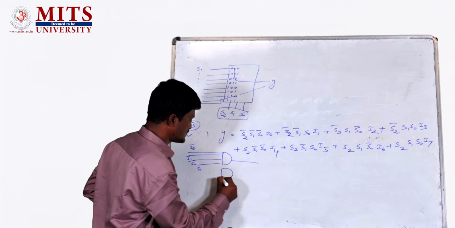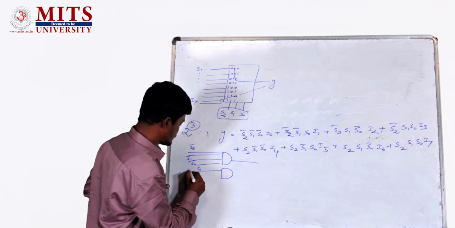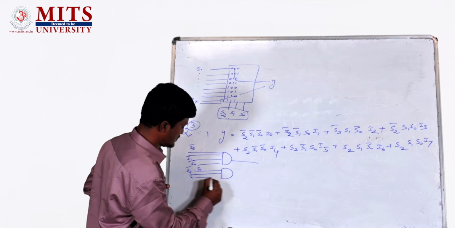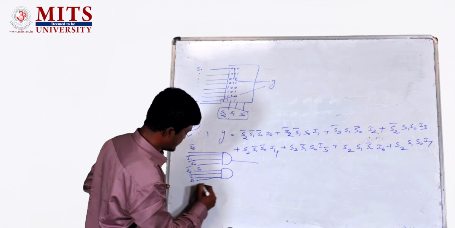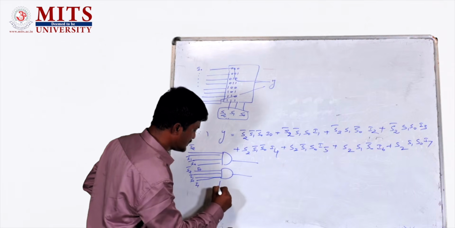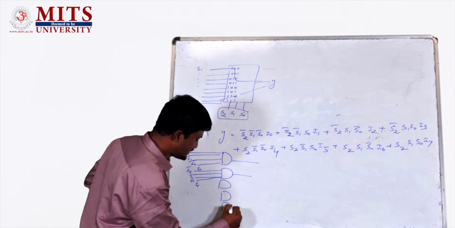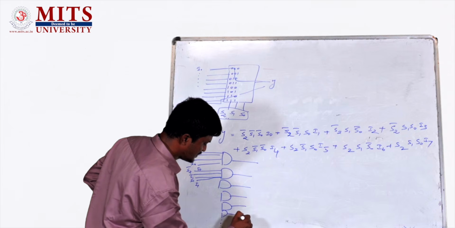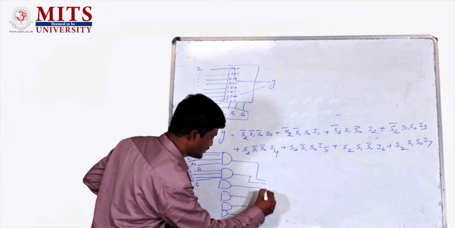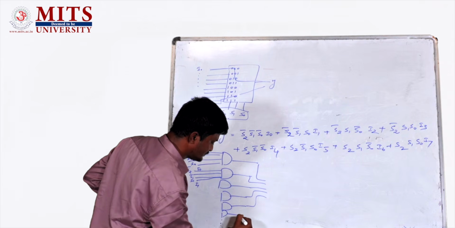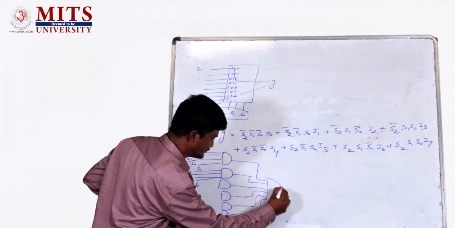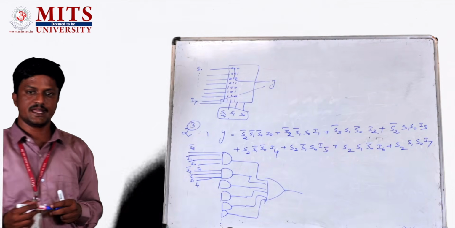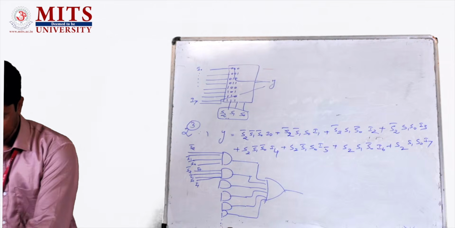The next one is S2 bar, S1 bar, S0, I1. In a similar way, you are using 8 four-input AND gates connected to the OR gate. This will be the logic diagram of 8 is to 1 mux.